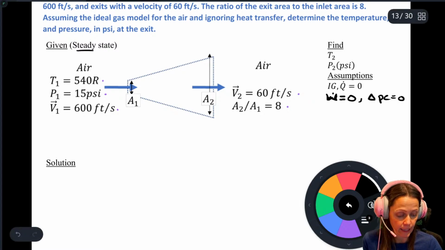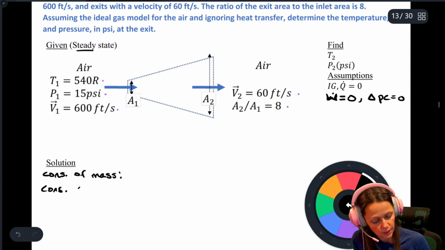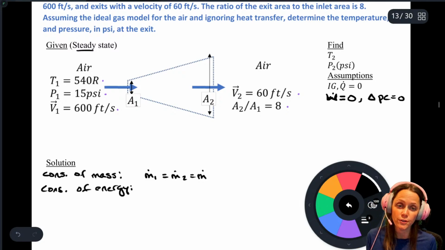So let's go ahead and start with conservation of mass, conservation of energy. So this is m dot 1, it's m dot 2, just equals m dot, and this is just a regular old diffuser.